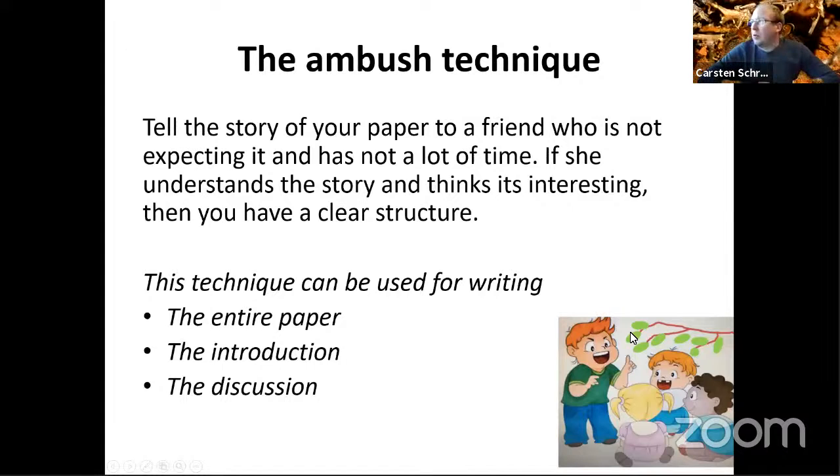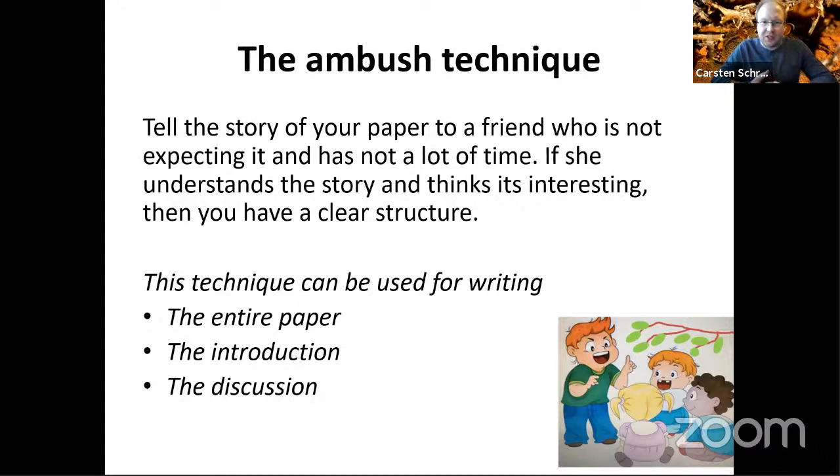So then we come to some techniques that are especially important for discussion, but partly also for the introduction and the abstract that we discussed before. The first is called the ambush technique. So if you don't really know what to write, what is the entire story, then just go out of your office.